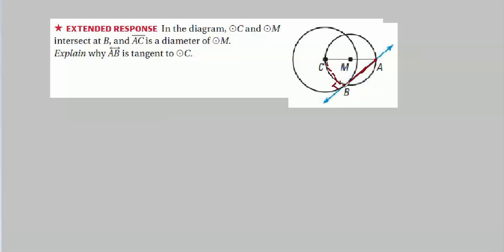So we're done. It really didn't take as long as extended response would seem to indicate. What makes it easy is that the center of circle C lies on the circumference of circle M. If that weren't true, we'd be out of luck. Well, that's about it.